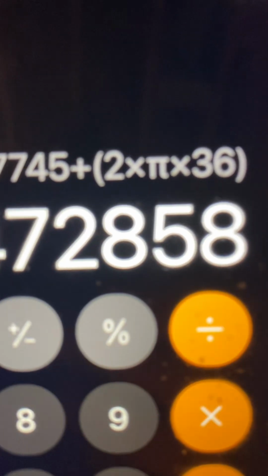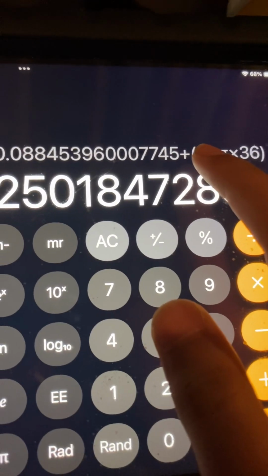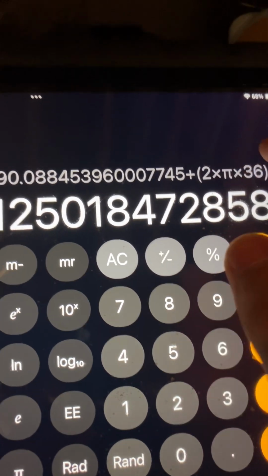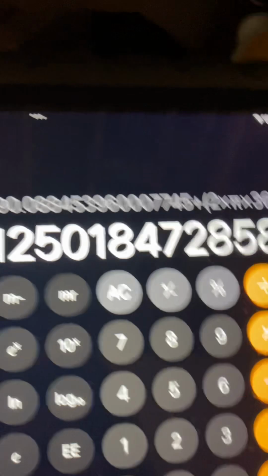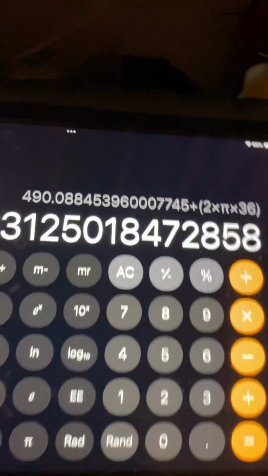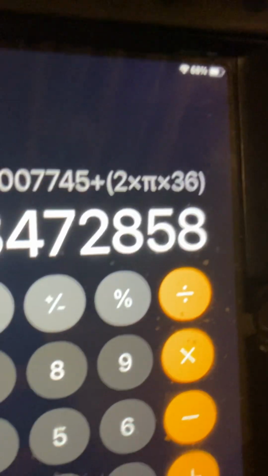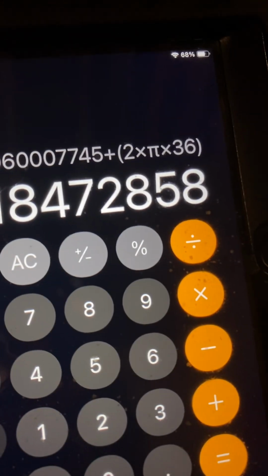So, for example, if we remove the parentheses from 2 times pi times 36, then the calculator will think, oh, I have to add that by 2, and then multiply that by pi, and then multiply that by 36, instead of just, hey, I have to add that by 2 times pi times 36. If you don't put in the parentheses, that will not work. So you have to put in the parentheses for this equation.